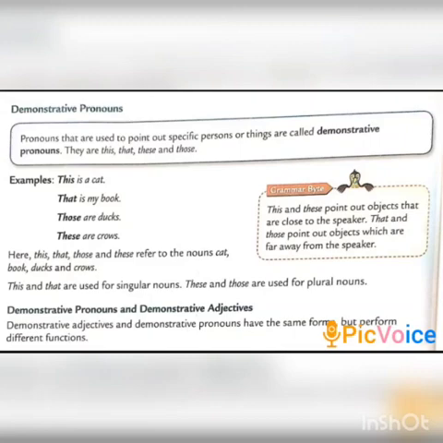Now there are demonstrative pronouns and demonstrative adjectives also. What is the difference? Demonstrative adjectives and demonstrative pronouns have the same form but they perform different functions. For example, this is my neighbor's cat. This cat belongs to my neighbor. These are scented candles. These candles are scented. In the first sentence, in each pair, this and these refer to the nouns cat and candles respectively.